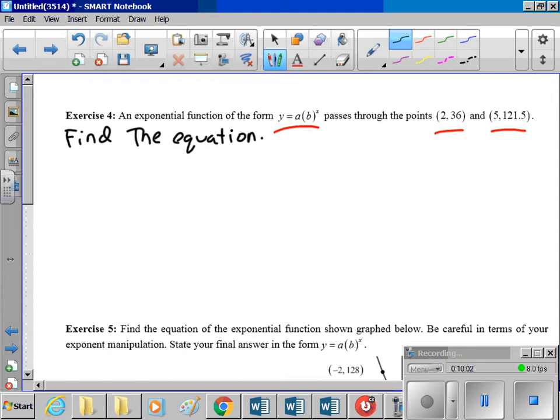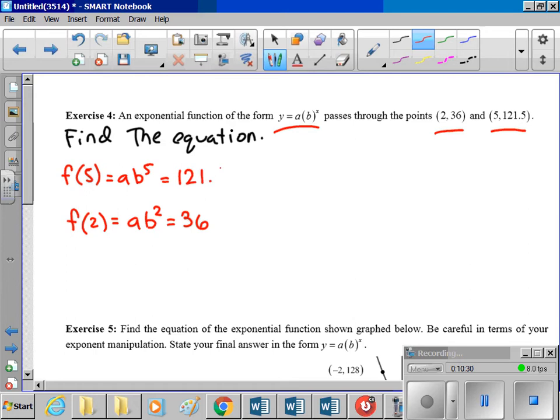I want to start by doing the same thing we did last time. So we know f of 2 equals a b to the 2 equals 36. And we know that f of 5 equals a b to the 5th equals 121.5.